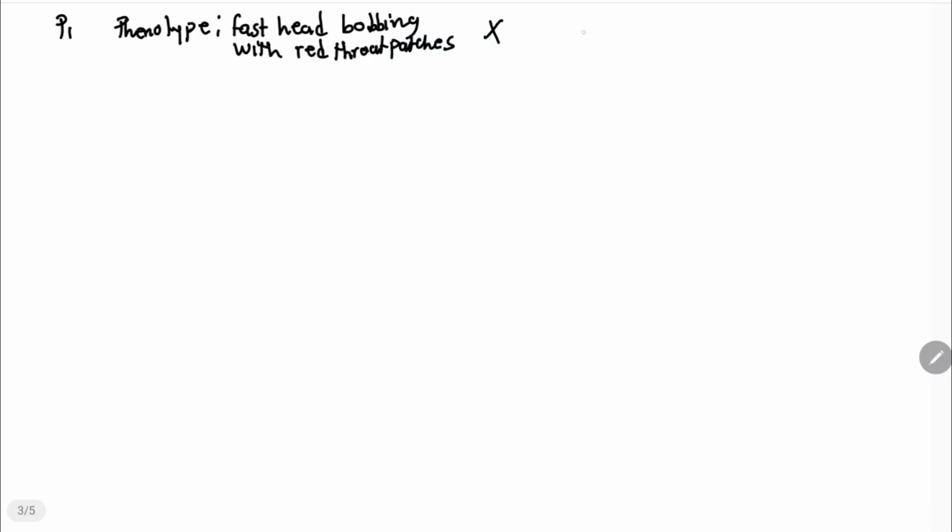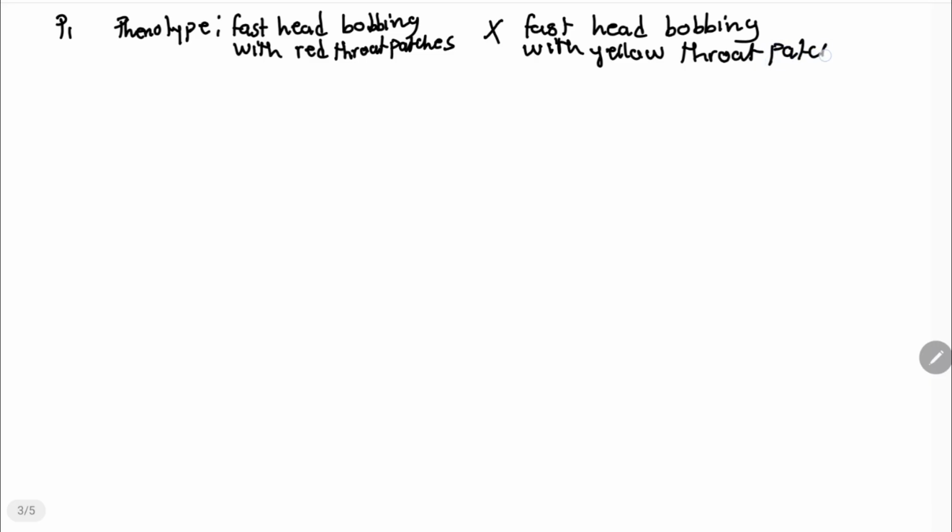And then the female also had fast head bobbing, but the difference here is that it had a yellow throat patch, right? Below phenotype now comes the genotype.